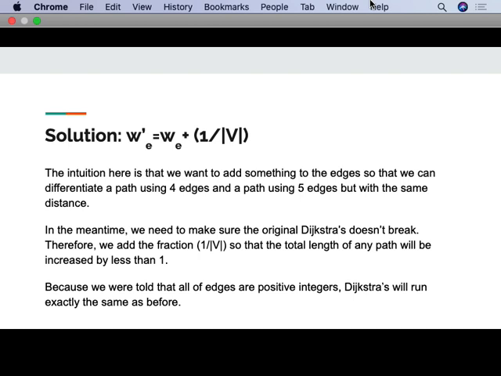And the maximum length of a shortest path in the graph is v minus 1 edges. So if you bound it by 1 over v, then that many edges sum up to v minus 1 over v, which is not going to exceed 1.